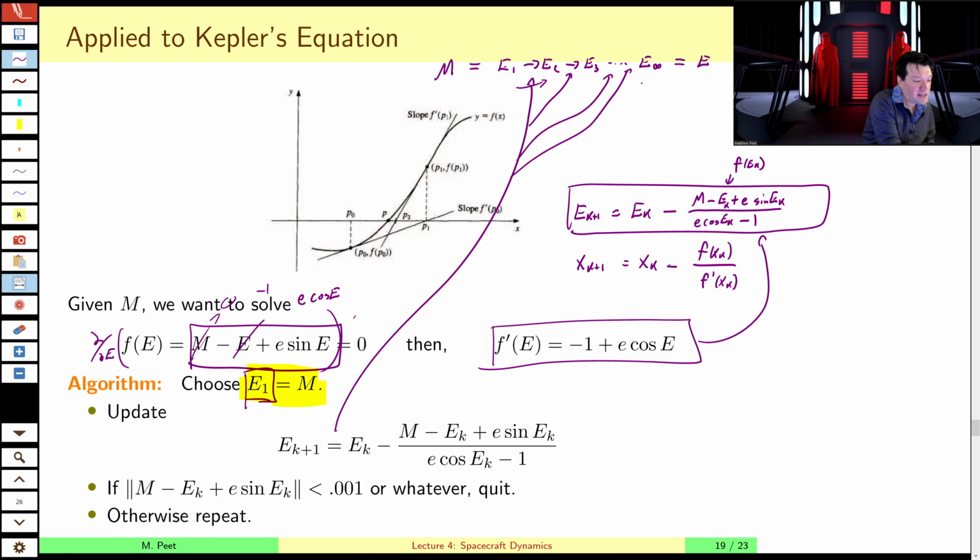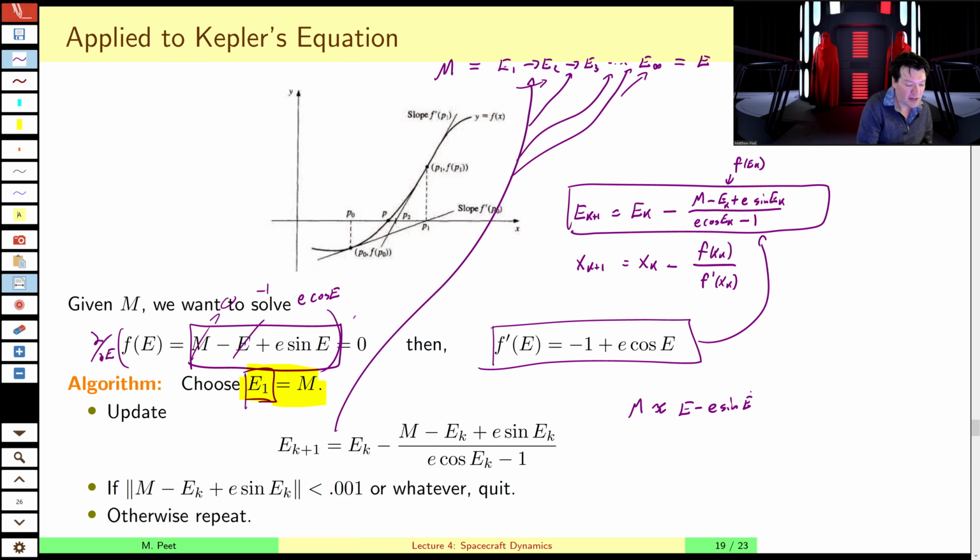So obviously we can't keep computing these things off to infinity, and so there has to be some stopping criterion, some condition, some accuracy level we're willing to tolerate, or some error level we're willing to tolerate, at which we can stop this iterative process. So if we're doing this by hand, we don't want to go too far, and so we would like to stop when we have that m approximately equals e minus e sine e.